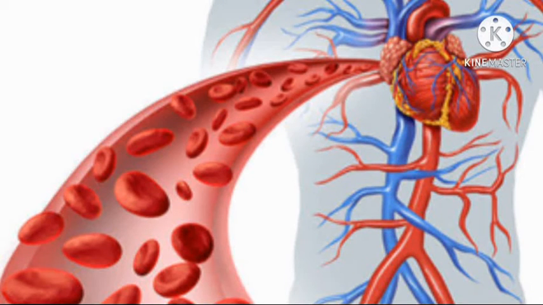And also remember that the right heart, that is the right auricle and the right ventricle, receives deoxygenated blood, while the left auricle and the left ventricle receive oxygenated blood. The blood on the right side of the heart never mixes with that of the left side.